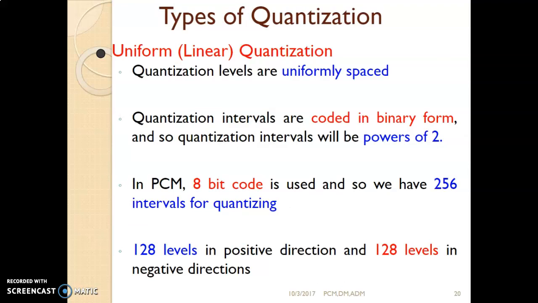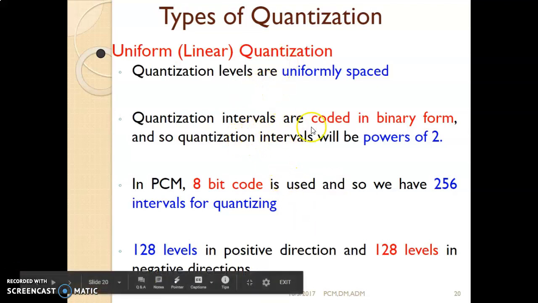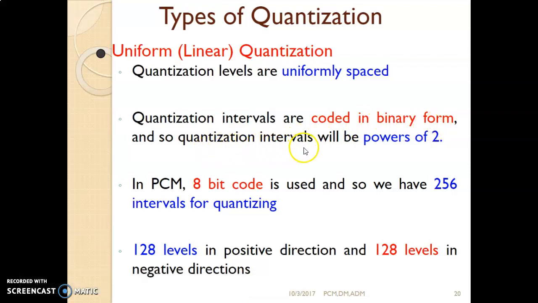Now we are concentrating on the types of quantization. We are going to explain 2 types. One is called uniform or linear quantization, wherein the quantization levels are uniformly spaced, and the quantization intervals are coded in binary form. So the number of quantization levels will be a power of 2.